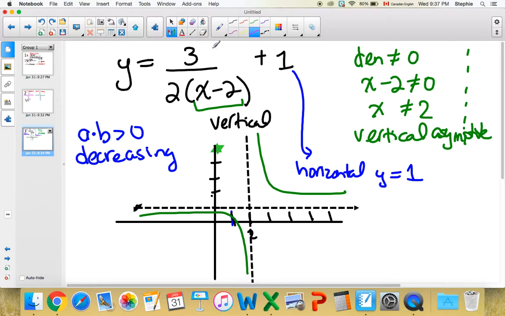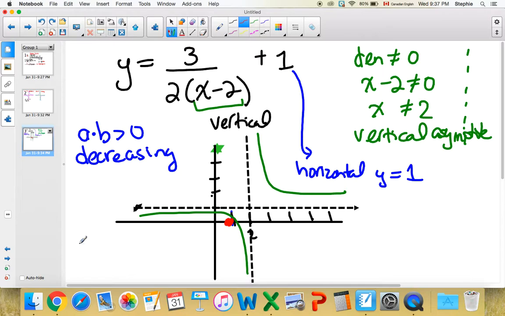Now, you see that the 0 is somewhere around here. My graph is not drawn to scale, so if you want precision, you're going to have to figure out what that 0 is by replacing the y by 0. For now, let's just figure out the domain. So domain is all the x's.